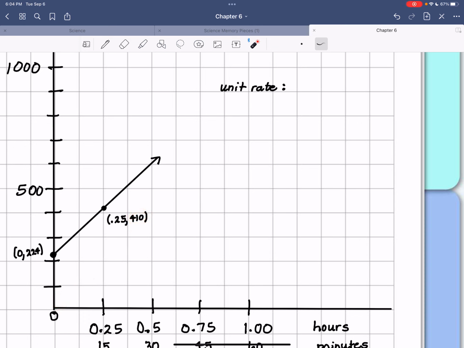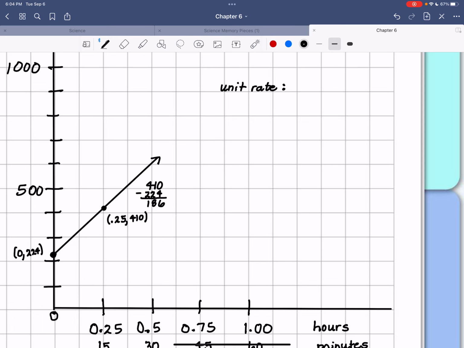So what we have to do first is subtract out. We have to say 410 minus yesterday's calories. This is where I think I'm getting the 176. 410 minus yesterday's calories was 186.